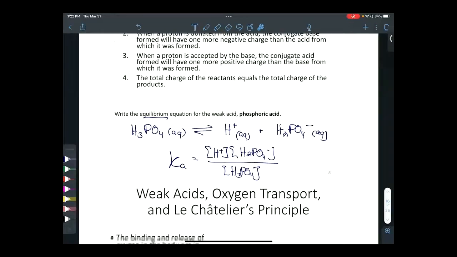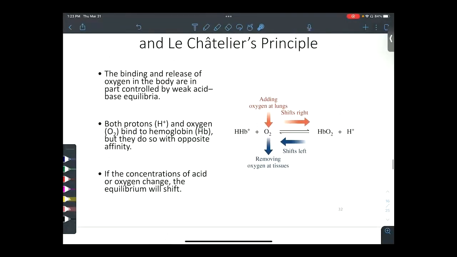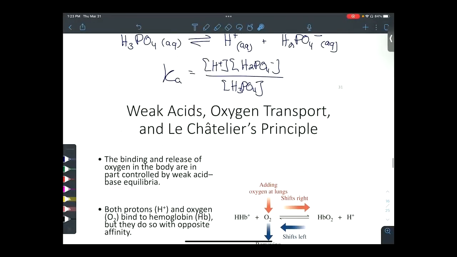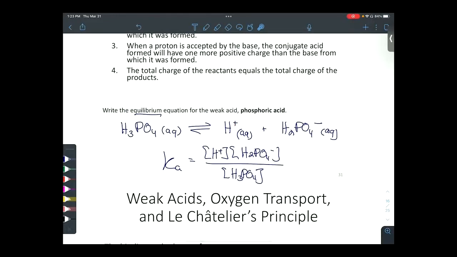Okay, so are we bringing it together? Yes, we're bringing all of this together. So we can see the idea here that this is an equilibrium equation, we have the double arrow. We can also apply the idea of Le Chatelier's principle to this, and that's what happens in our bodies.